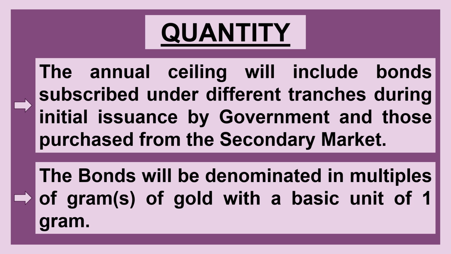The annual ceiling will include bonds subscribed under different tranches during initial issuance by government and those purchased from the secondary market. The bonds will be denominated in multiples of grams of gold with a basic unit of 1 gram.